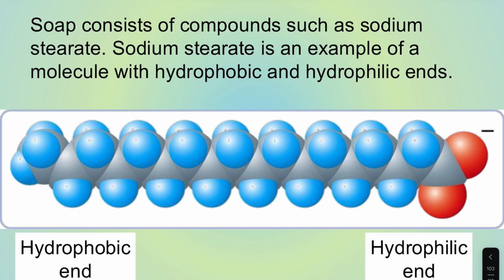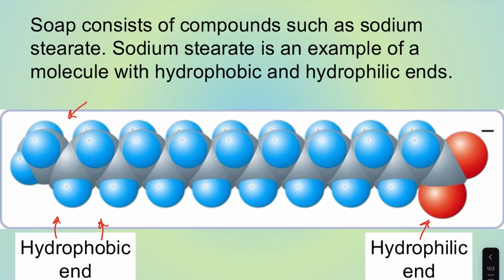So one example of this is soap. So this is a chemical that is in soap. It has this really, really long chain. And so the hydrophobic end of the chain, the part that doesn't like water, is going to find all of the grease, all of the food and stuff that does not have any water that's on a plate, for example, and it's going to attract to it.